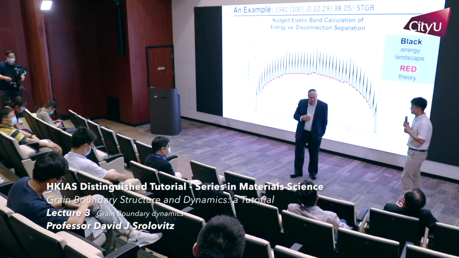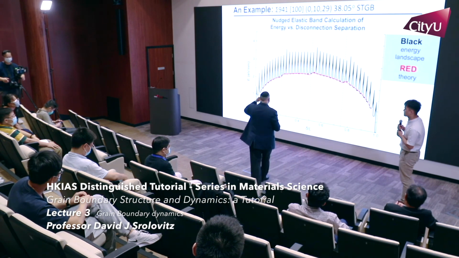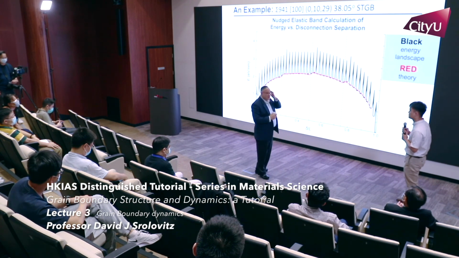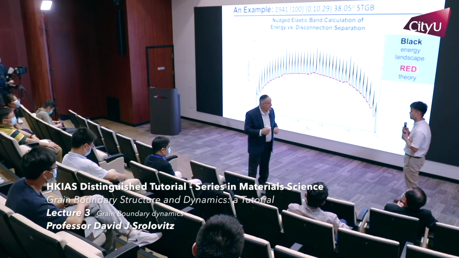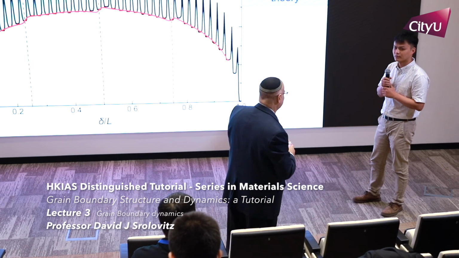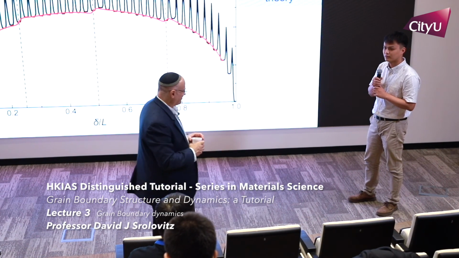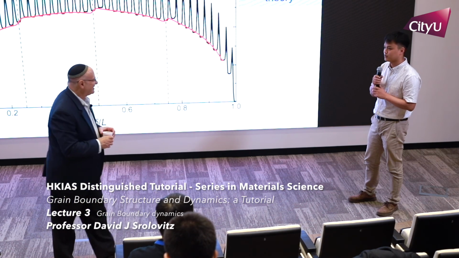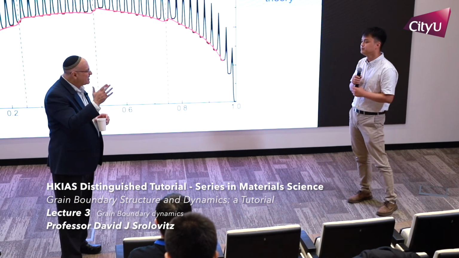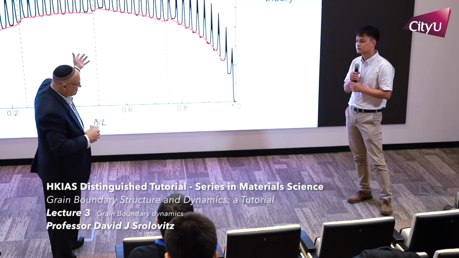Right. So let me just go back to this one for a minute. If you were doing an experiment, you would probably call this a random grain boundary, right? Sigma 941. You wouldn't be able to figure that out, because you can't identify it.